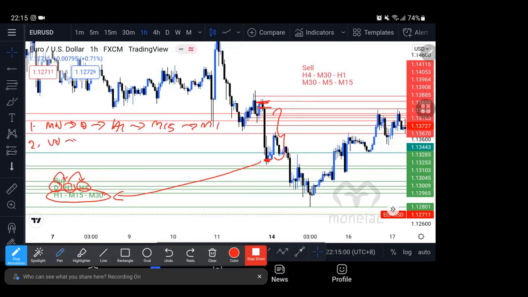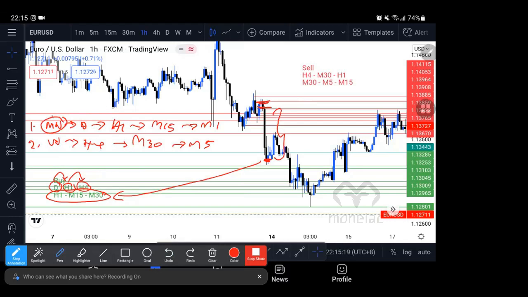Weekly, H4, M30, M5. So at first, when we are looking for direction and setup, we are going to take from the higher, right?